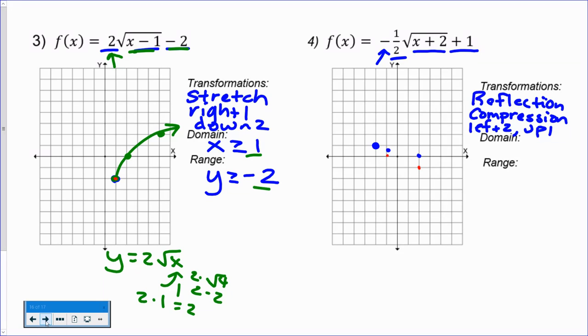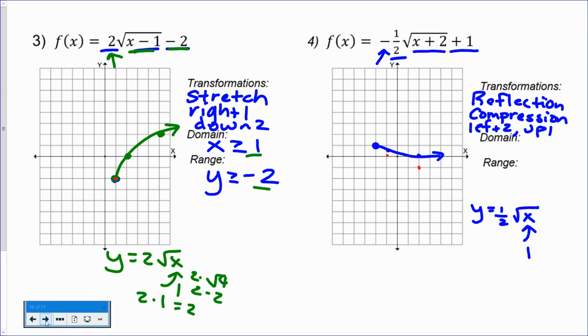So instead of going a distance of 2 away from that starting value, I went down 1. Because I would be cutting the y values in half that I normally would have plugged in.